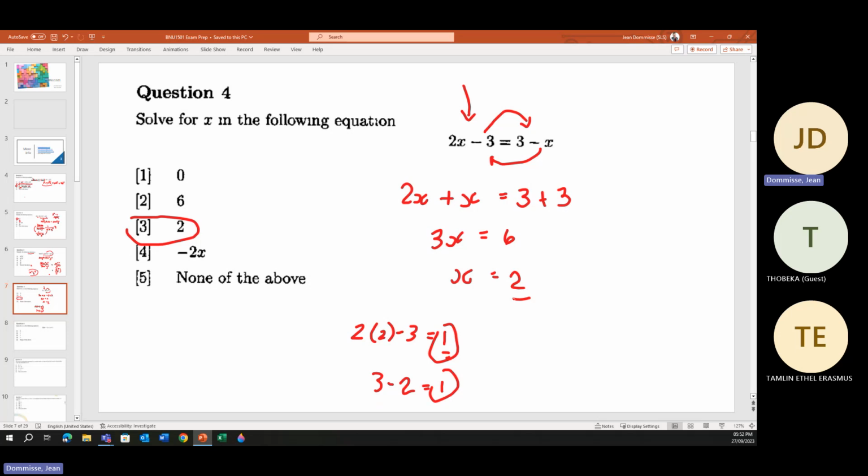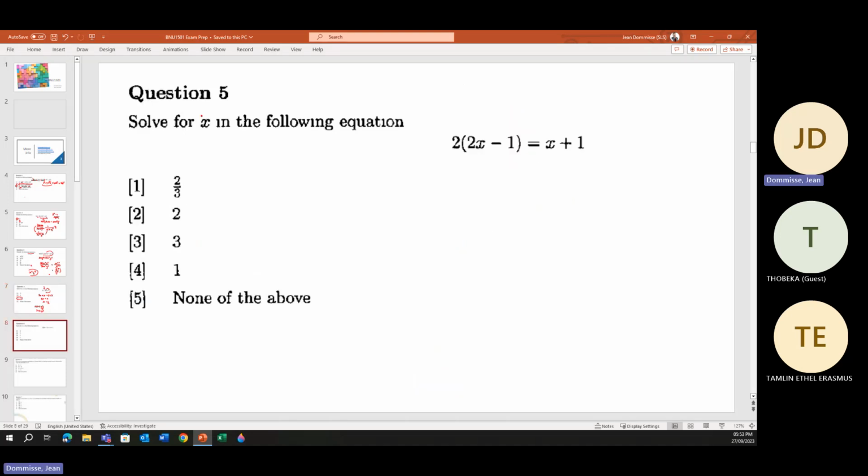Just to make sure that you get the marks and you don't make a silly mistake, I always go back and test it to see if the calculation I made was correct.